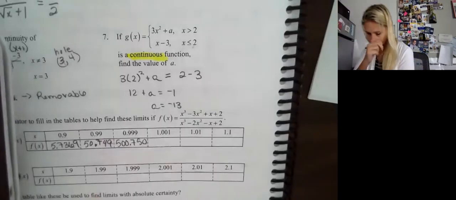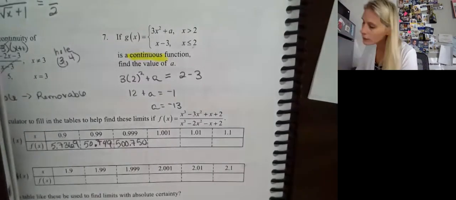So I'm going to put in 0.99, and I get 50.749. Okay, I can do that again. Second trace, go to value. Sorry that my hands are shaky. 0.999. Okay, and then get 500.750. Okay, and I'm going to keep going and do this for you.